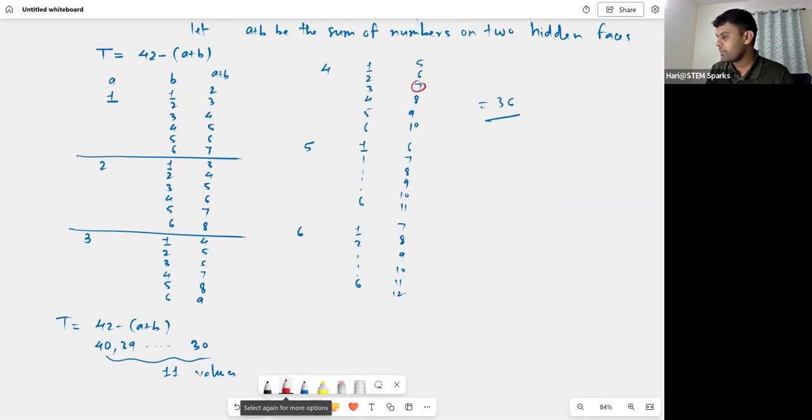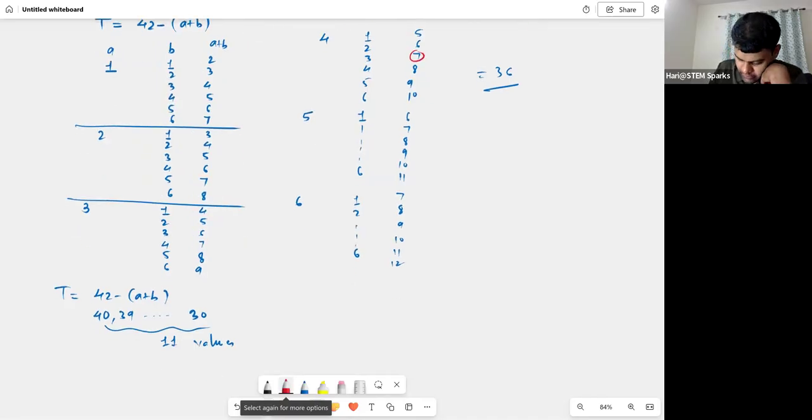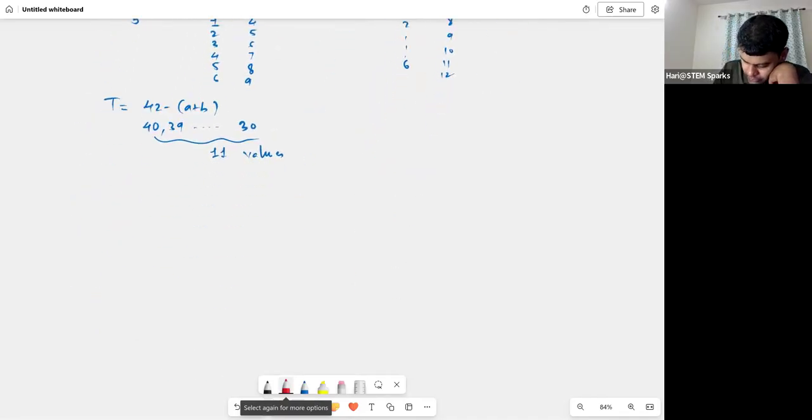Even if you can prepare a chart, you find out the sum of a plus b and find out the frequency.